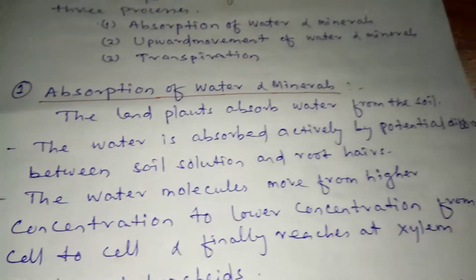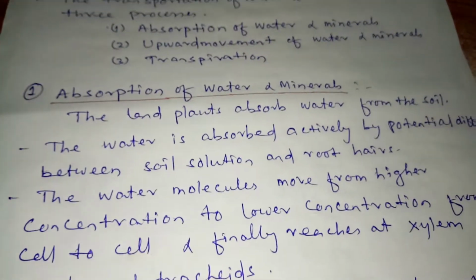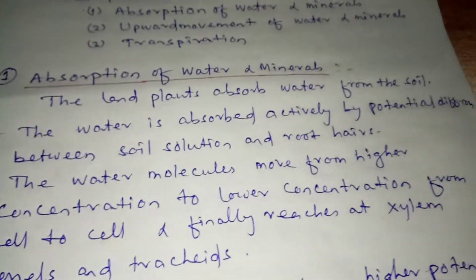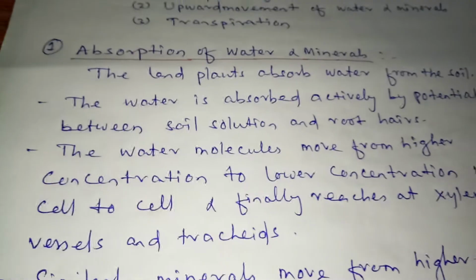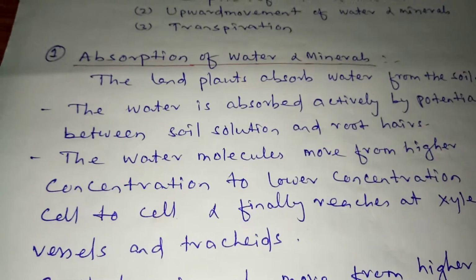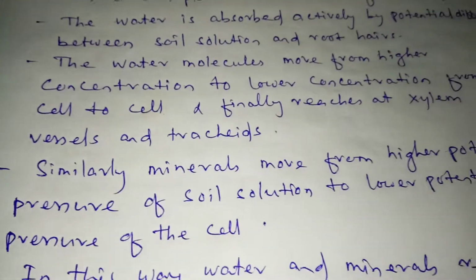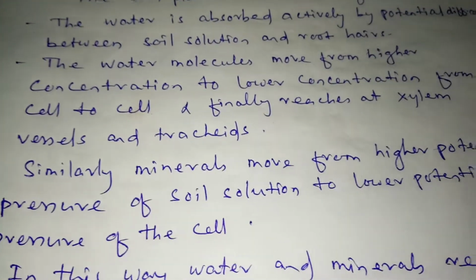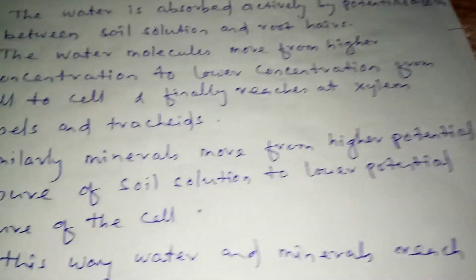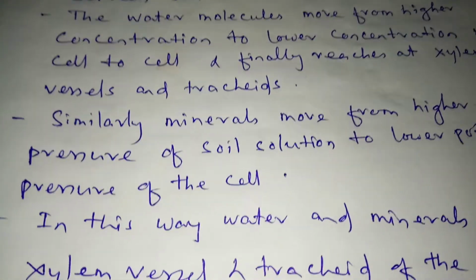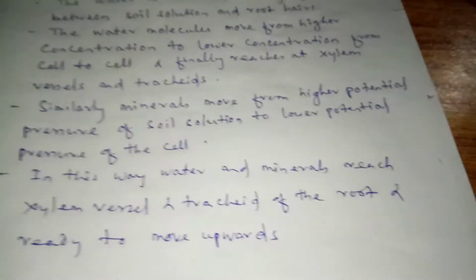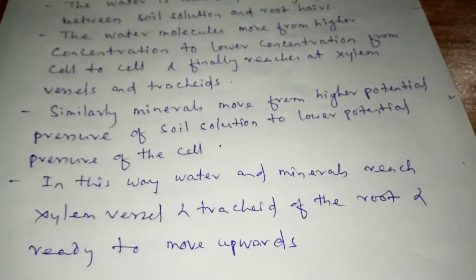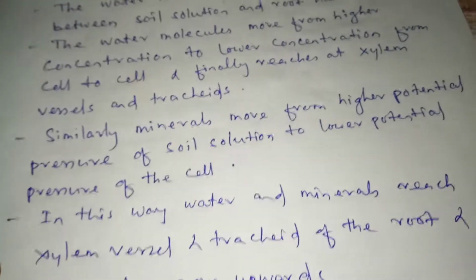The water molecules move from higher concentration to lower concentration from cell to cell and finally reach the xylem vessels and tracheids. Similarly, the minerals move from higher potential pressure of the soil solution to the lower potential pressure of the cell. In this way, water and minerals reach the xylem vessels and tracheids of the root and are ready to move upwards.